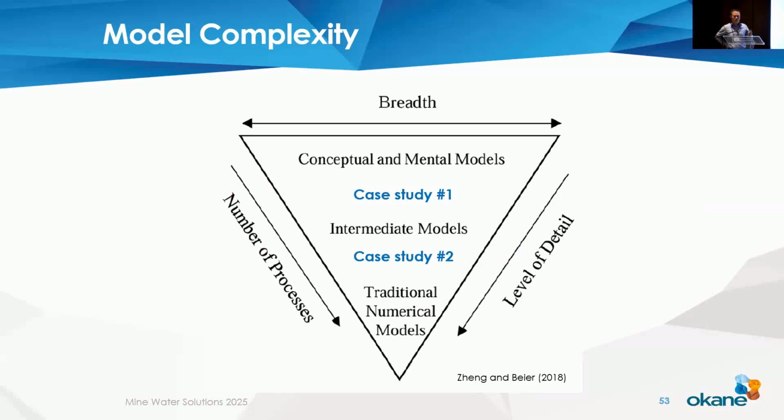We often jump straight into our numerical models, which contain a high level of complexity and a high number of elements, looking at a very specific area of the mine site. I think what's missing is the in-between steps. I think we really need an intermediate model between that conceptualization and the numerical model.